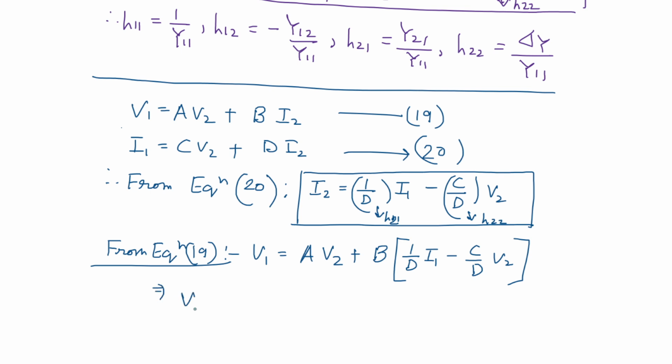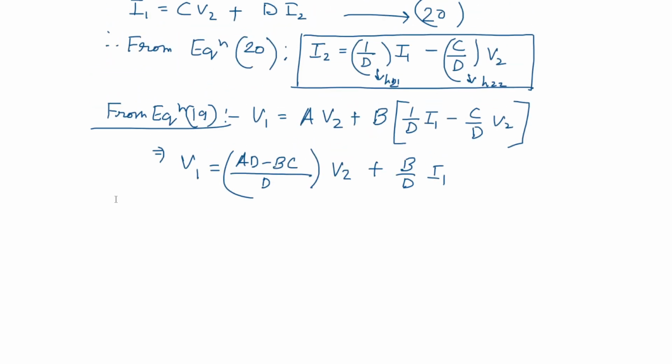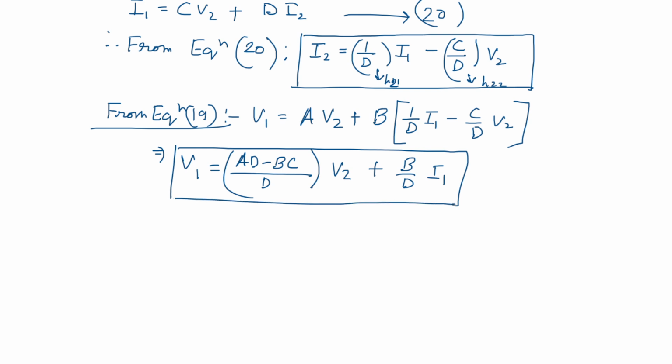or V1 is equal to AD minus BC by D into V2 plus B by D I1. So if you compare, finally you will get our final result. V1 is equal to H11 I1 plus H12 V2.